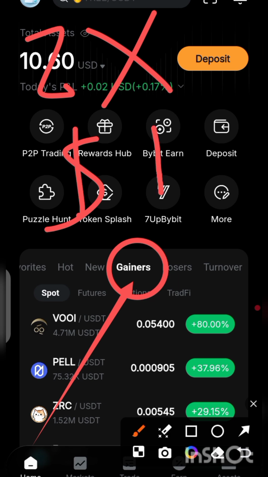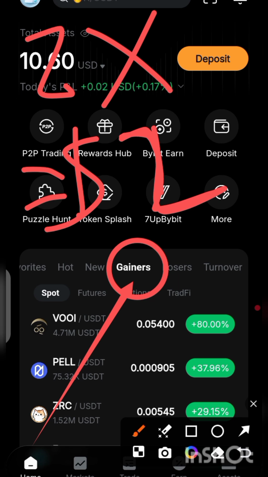The reason you made $2 is because you used a 2 leverage. You doubled the money. That is how leverage works.